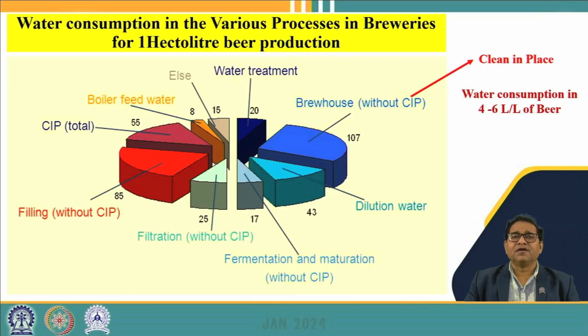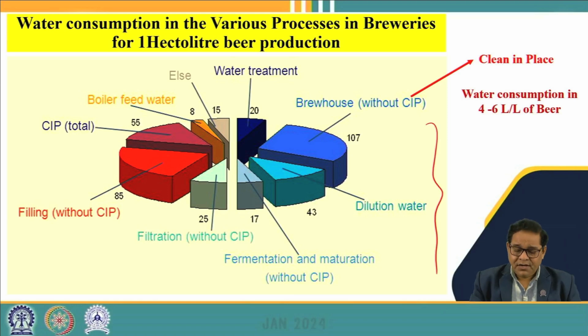This is the water consumption required in the different unit operations operated in breweries. This pie chart represents the various unit operations in a brewery industry and the amount of water used in a brewery having a capacity of 1 hectoliter beer production.